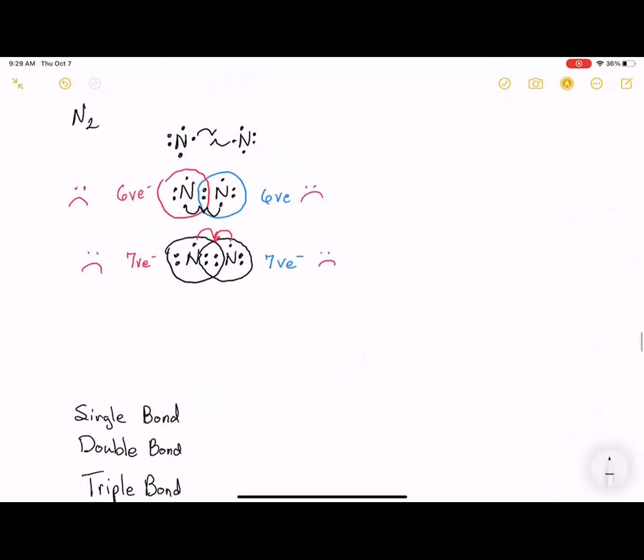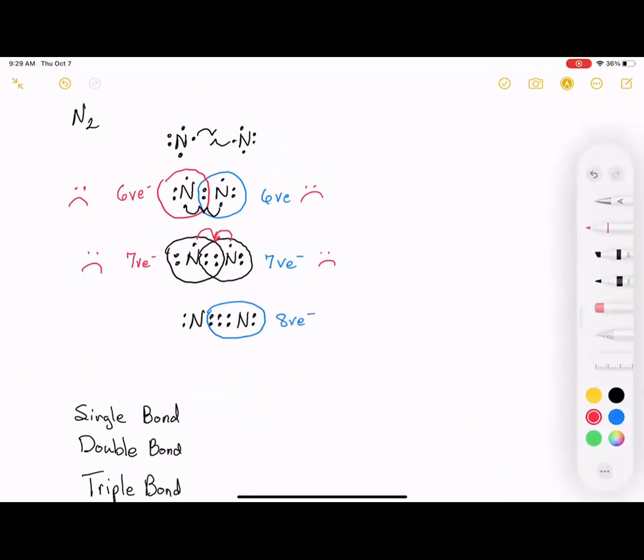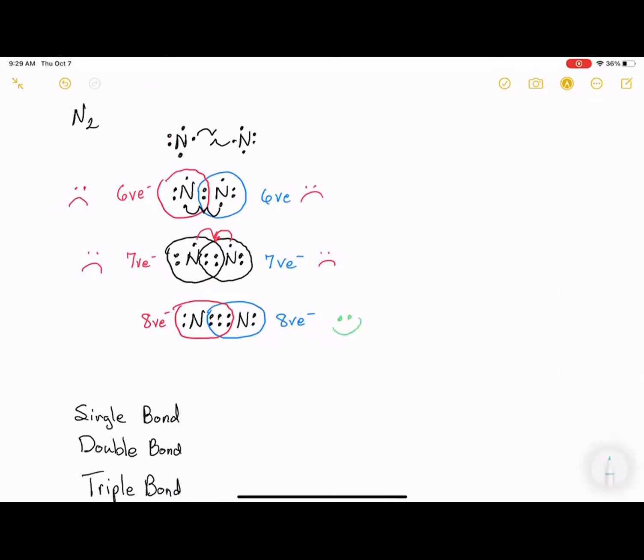When it shares that third pair of electrons, the right-hand nitrogen sees itself as having 8 valence electrons. The left-hand nitrogen sees itself as having 8 valence electrons. So they are both very, very happy now because they have their octet.